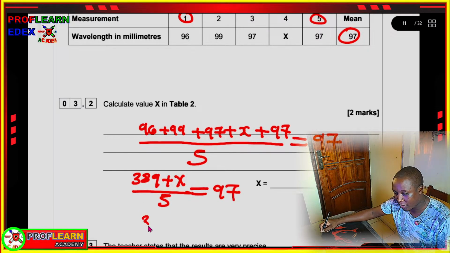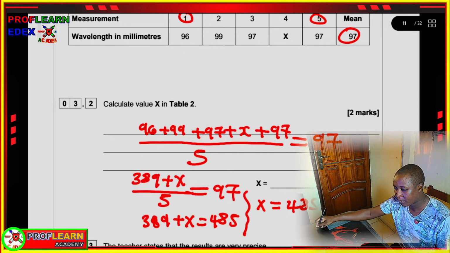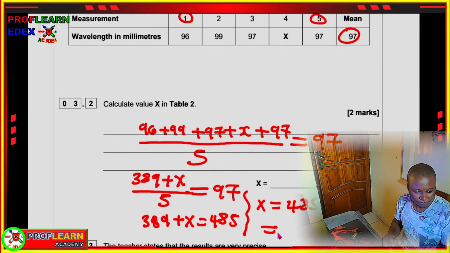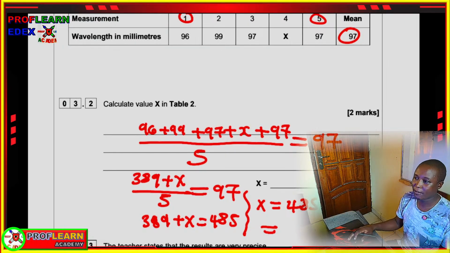So this means 389 plus x is equal to 485. Therefore, if we want x, it's 485 subtract 389. If you work it out, what does it give you? What value of x are you getting after working it out?